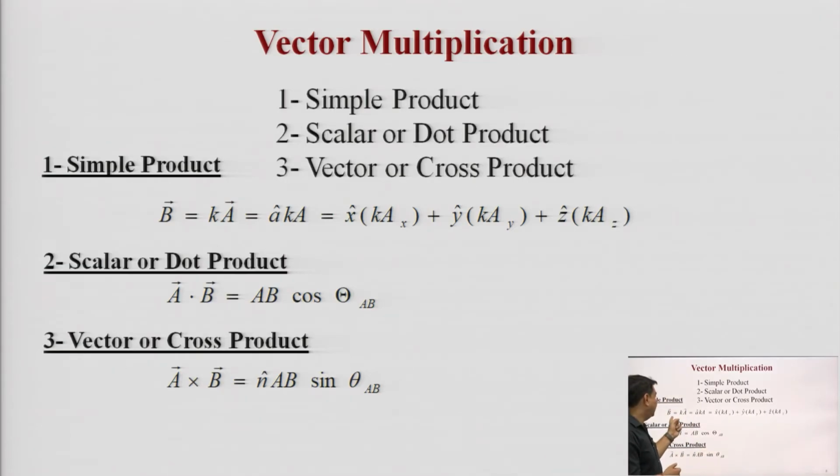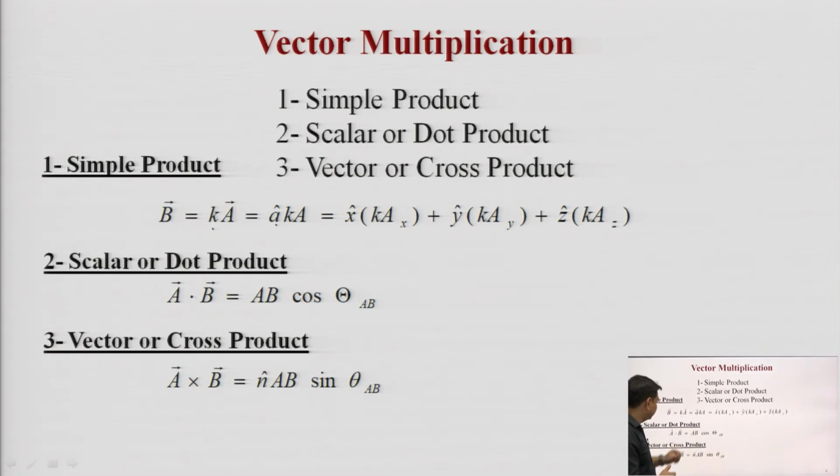It is given in terms of this, where B is the product of a vector quantity A and the scalar quantity k, and this product is given as B equals k A a_A, where the small a is the unit vector which defines the direction of vector A, and it can be given in terms of x, y and z like this. This is the simplest form of vector multiplication.